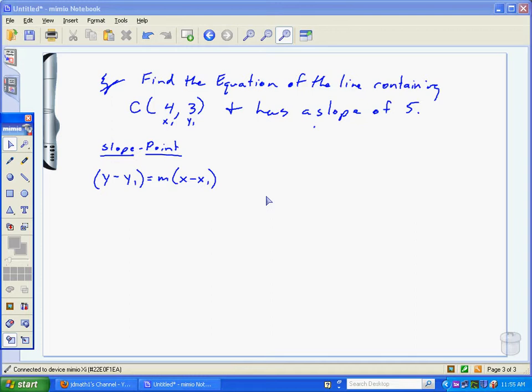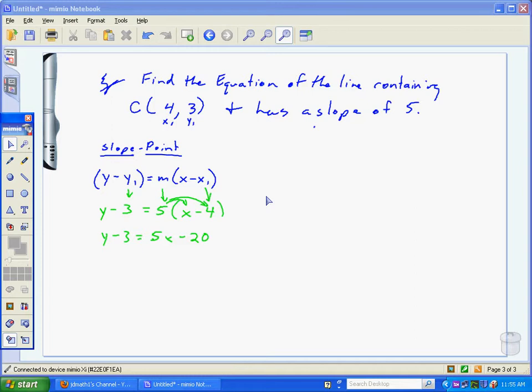So I've labeled my point and I'm going to substitute my values in. y minus 3, and again we have to watch our signs, equals 5 times x minus 4. Of course, I put the 5 in because that's m, I put the y1 in, I put the x1 in. Now I'm going to multiply the 5 in. I get y minus 3 equals 5x minus 20, because 5 times 4 is 20.